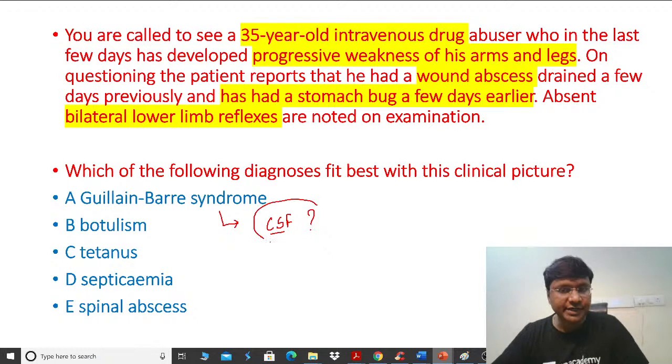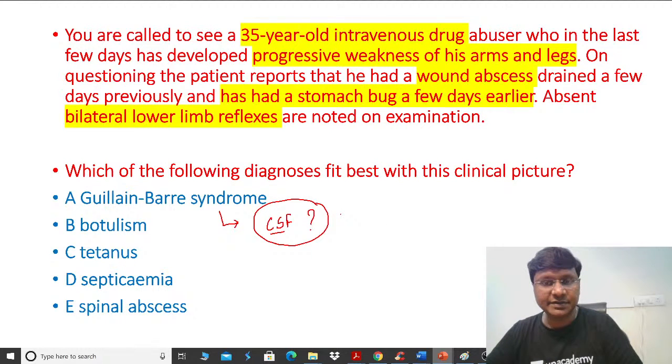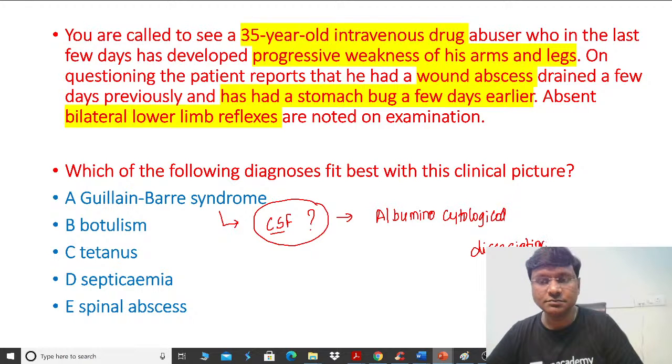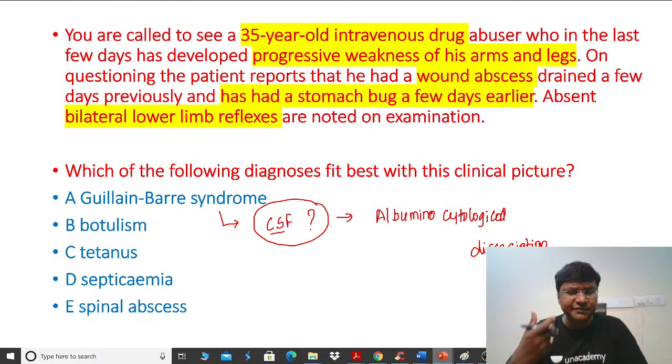So a very important CSF finding will be, right, the presence of albuminocytological dissociation. That is a very important CSF finding in patients with Guillain-Barré syndrome. Okay, right, very good.